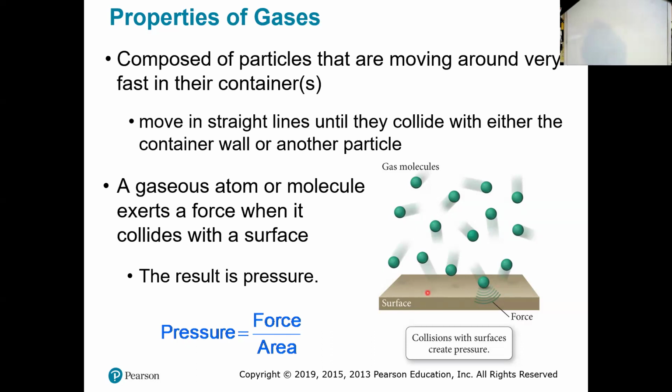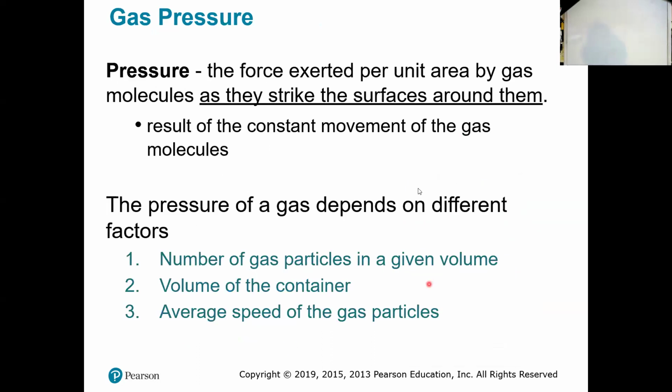All right, those things are linked. We have some particular properties, or not properties, but factors that can specifically affect the pressure of a gas. And that's because each of these factors is something that will change the amount of collisions that our gas particles are having. Okay.